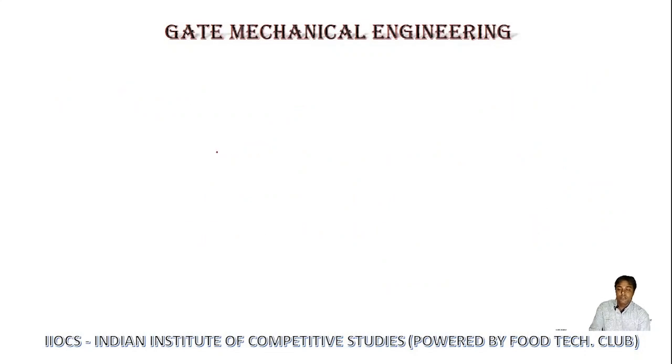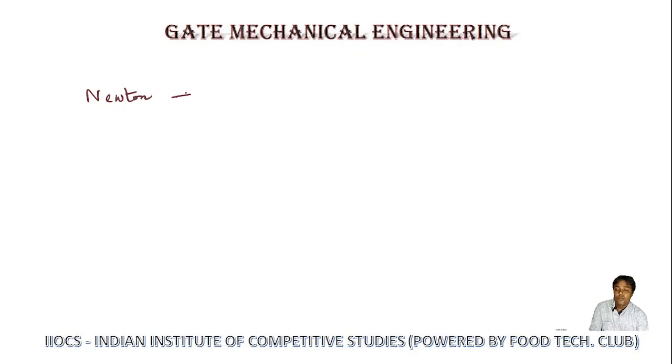Now I told you that I will describe the magnitude of force. Magnitude means the amount of force. So how will you say how much force is applied? You have to specify some unit for that. So the unit of force is Newton.